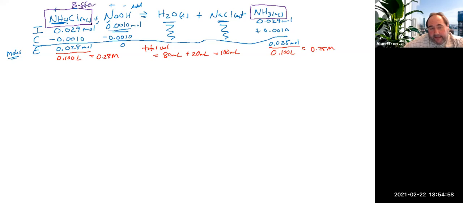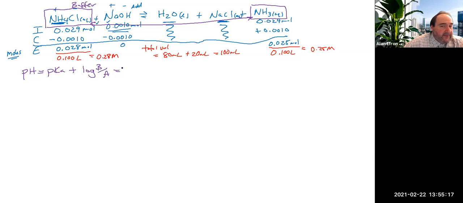These two guys, let's draw the arrow this way. These two guys here are a buffer. And that means to calculate the pH, because it's a buffer, we could go back into our Henderson-Hasselbalch equation. Or again, you could use an ice table if you wanted to.